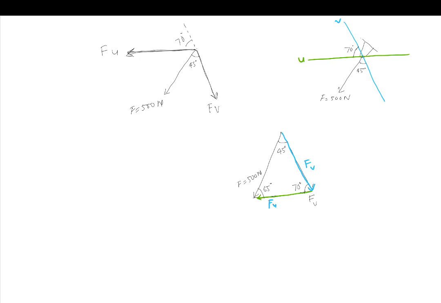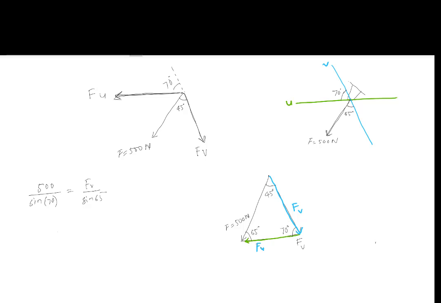Now we use the sine rule, which says a side divided by the sine of the angle opposite to it. So 500 divided by sine 70 is equal to Fv divided by sine 65. All that's required now is simple rearrangement.